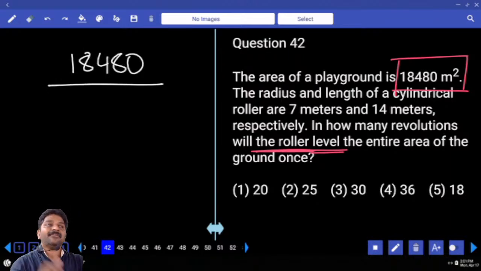If the roller makes one complete revolution, the area that it covers is the curved surface area. So to cover 18,480, how many revolutions are required? That's what we were asked.